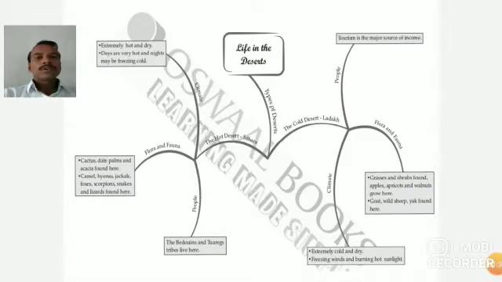Students, we are going to know about the climate of Sahara Desert, then flora and fauna, meaning vegetation and wildlife in Sahara, and the people of Sahara Desert. And similarly, we are going to learn about the climate of Ladakh, the flora and fauna of Ladakh, and the people of Ladakh.